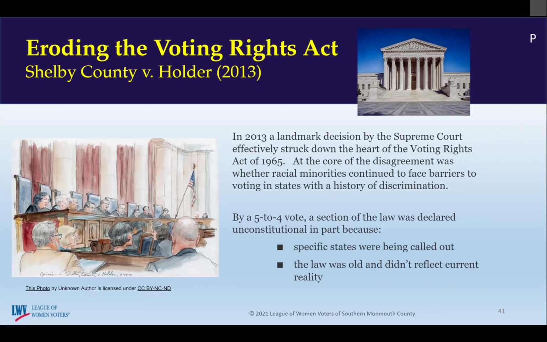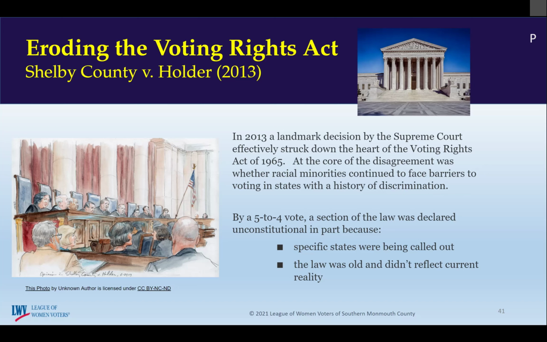And Shelby County argued that there was no longer the need for the federal government to look into states' changes in voting rights because it wasn't happening anymore. The other thing they argued was that it was not fair that only the southern states were being looked at, that if you're going to use this, it should be every state.